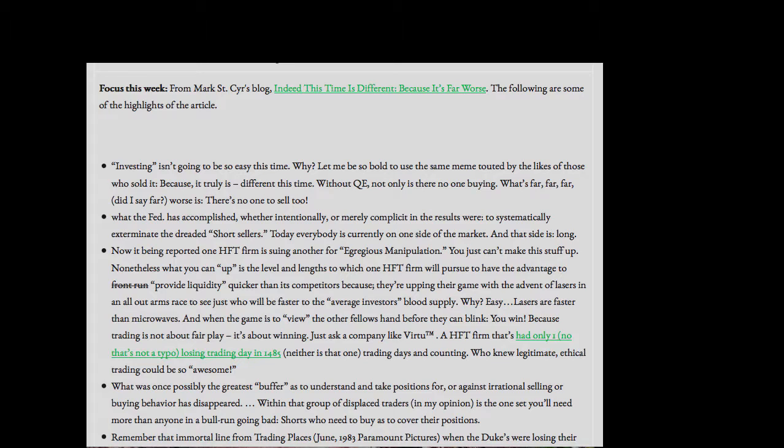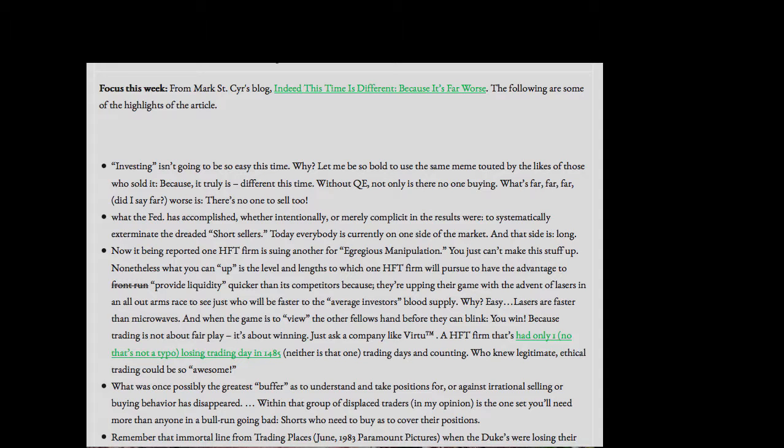Without QE, not only is there no one buying, what's far, did I say far, worse is there's no one to sell to. What the Fed has accomplished, whether intentionally or merely complicit in the results, was to systematically exterminate the dreaded short sellers.